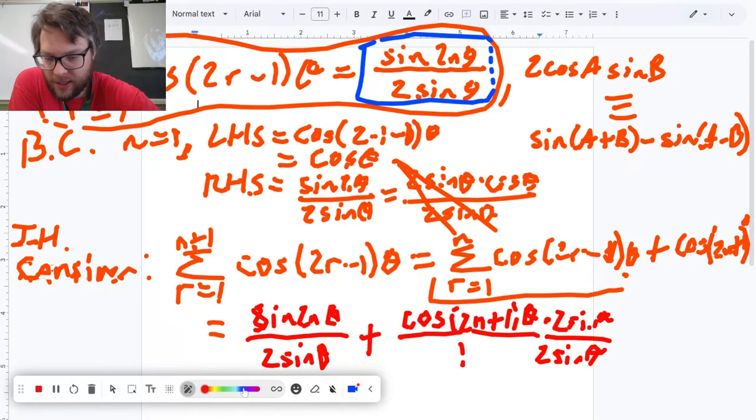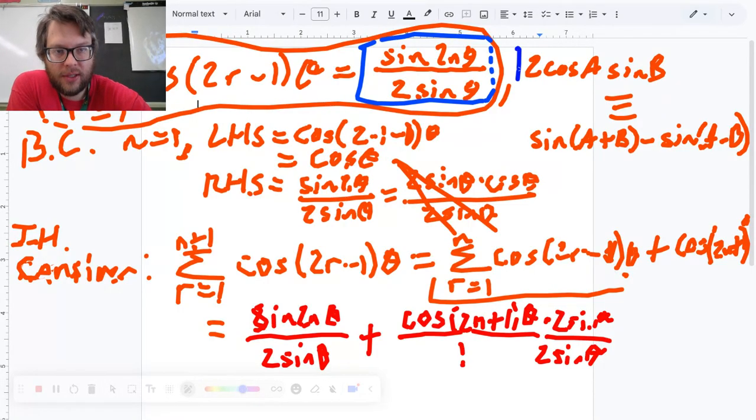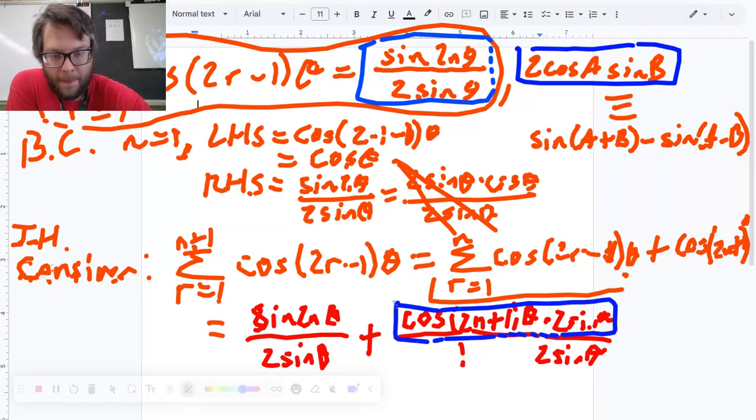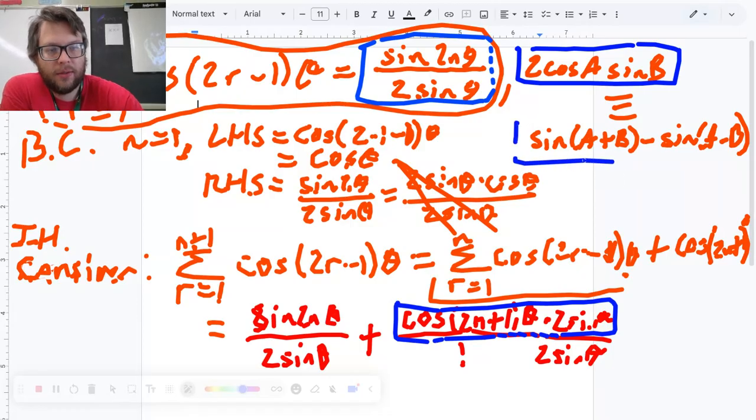Now, I hope you see what we can do here. They gave us an identity in the problem. They said to use this identity. When you see this, which I do right here, I can replace it with this.